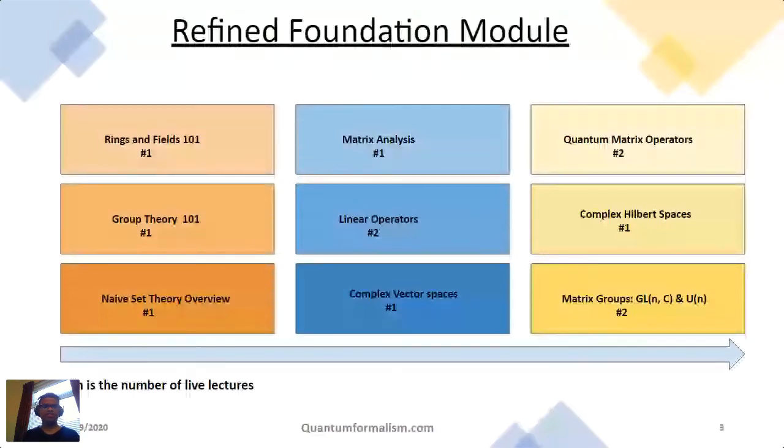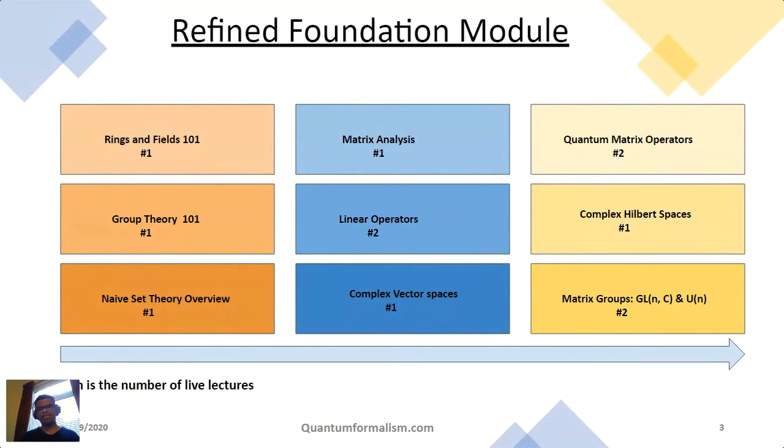The major difference is that originally we planned to have a functional analysis in this module, but based on the feedback that we got from you guys, and by the way, thank you for taking the survey, we think it's probably better to push the functional analysis bits of the course to the next module, so we can cover it properly, but also to make this module more or less aligned with standard quantum computing textbooks.